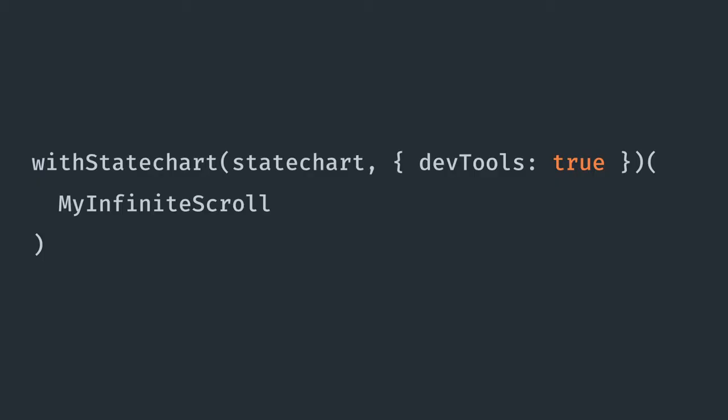The second parameter of the withStatechart higher order component is options. And if you set devTools to true, you can connect your state machines to the Redux DevTools extension. So you can have the super cool debugging functionalities like time traveling, for example, because it's pretty similar to Redux in a way that the state changes over time.